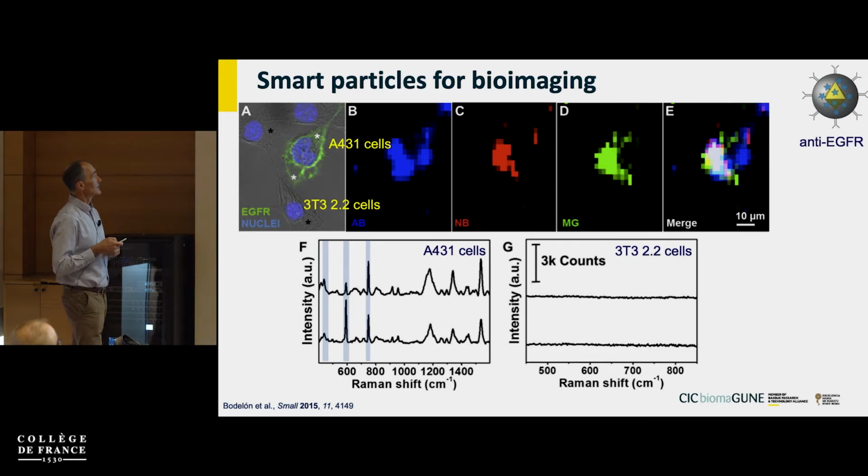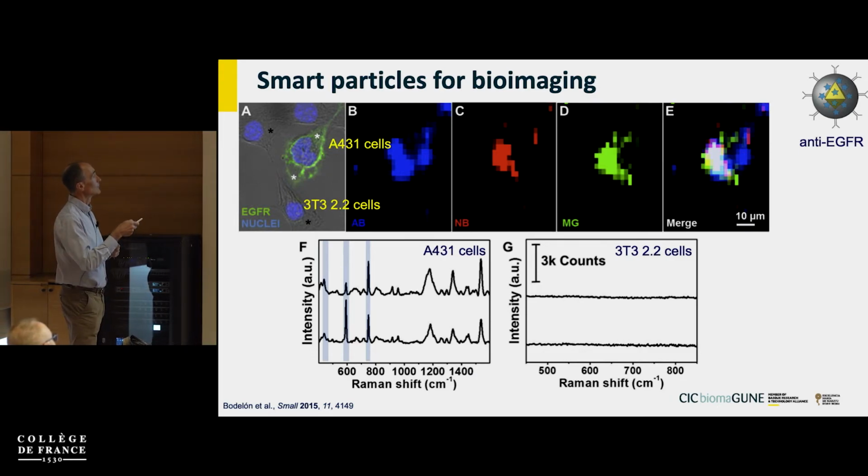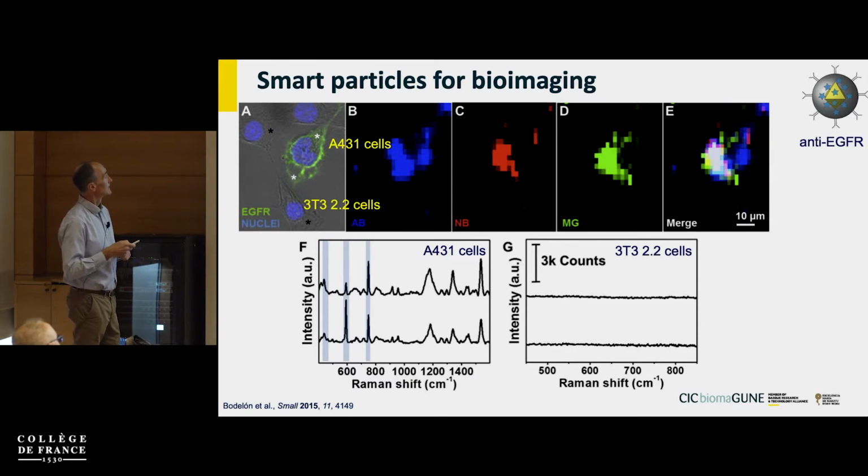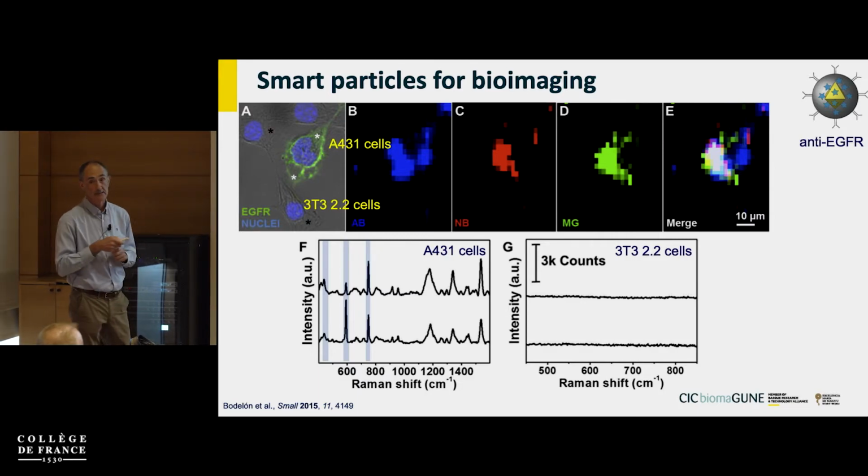All right, so this is one example where we had two types of cells. One was a cancer cell and the other was a fibroblast. And we had the encoded particles with one of the molecules. We had the three labels coded with the same antibody, which would recognize only the cancer cells.